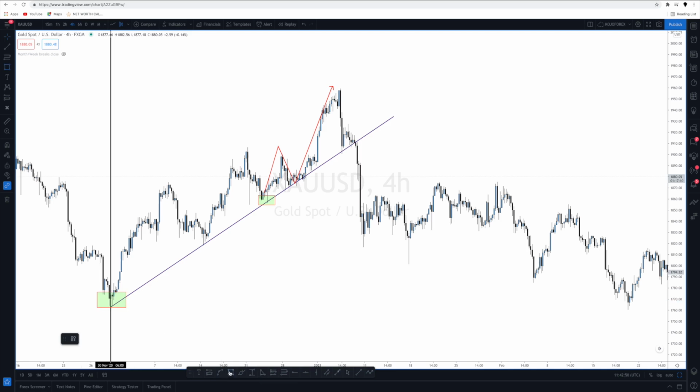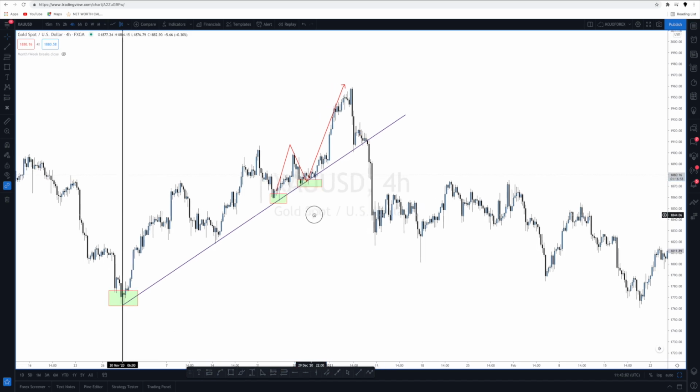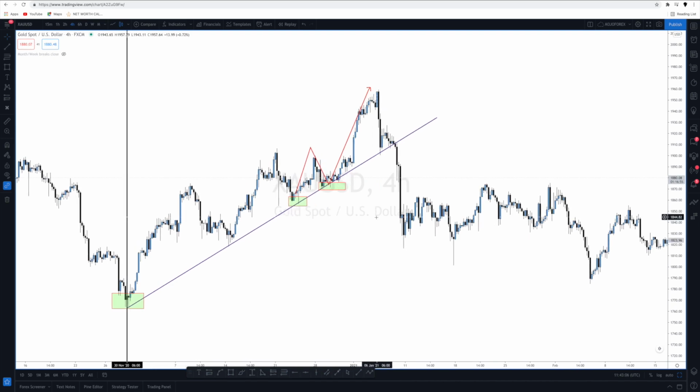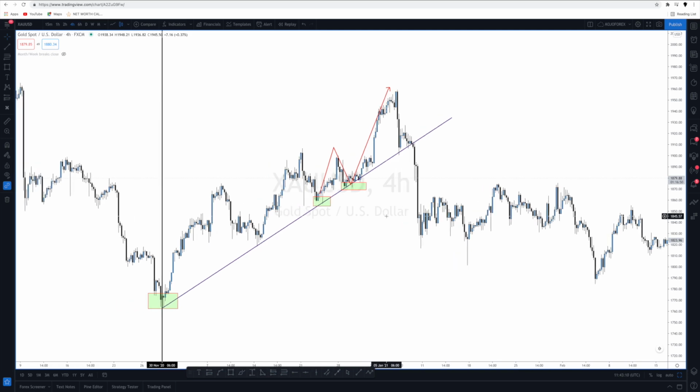The next point that would have given us an interesting entry onto this trend was here. The first one was here, and then the second one was here. So following just these simple 3-touch rules, we can see the interesting opportunities that the market can give us to join in on a swing trade.